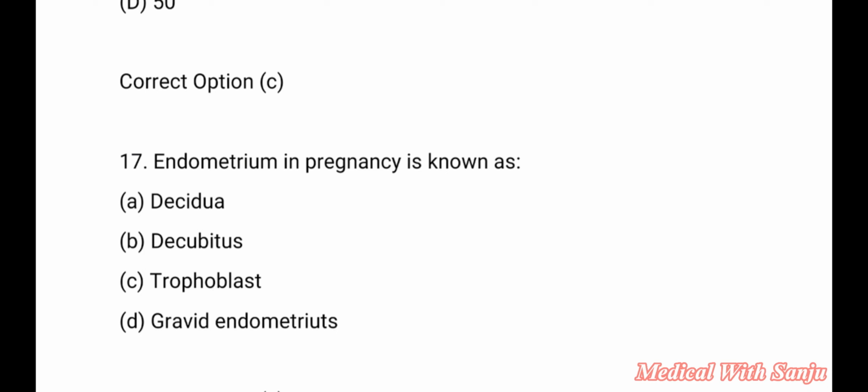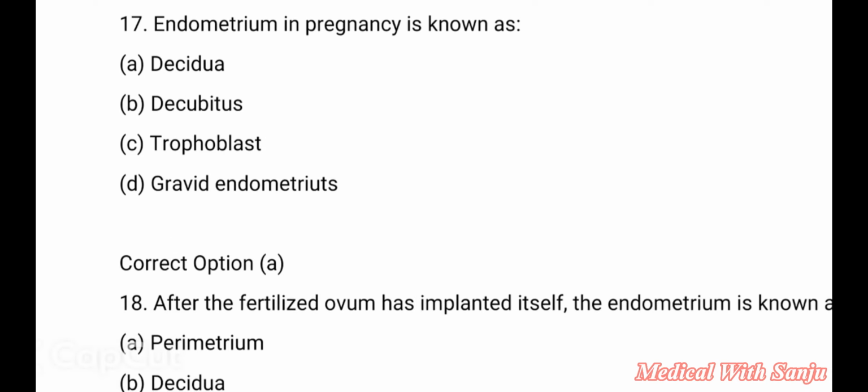The endometrium, or inner lining of the uterus, during pregnancy is called decidua. Option A is the right answer. Decidua is the name given to the endometrium during pregnancy. Only during pregnancy is the endometrium called decidua. Otherwise it is called endometrium, which is the inner lining of the uterus.